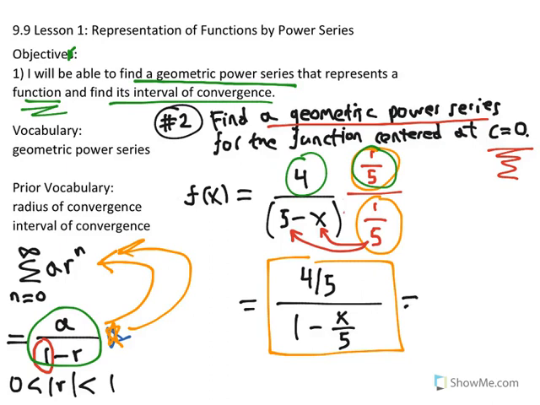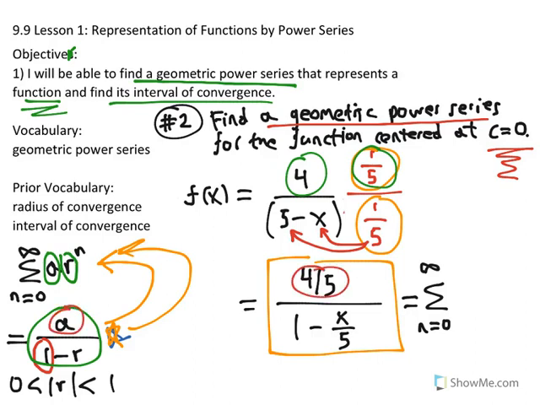So this is going to be represented by a geometric power series from n equals 0 to infinity. And what would I need to have? I need to have a times r to the n. And what is a?